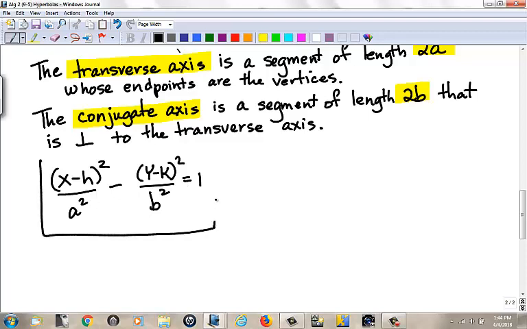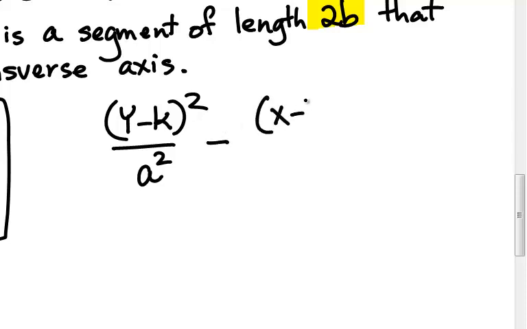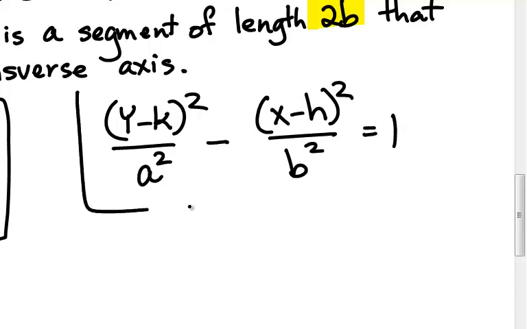So that's one formula. If you're off center, what do you guess the center point is? It's still (h, k). So you graph your center, and then you take the square root of this and go left and right, and the square root of this, go up and down. The other one is y minus k quantity squared over a squared, minus x minus h quantity squared over b squared, equals 1.